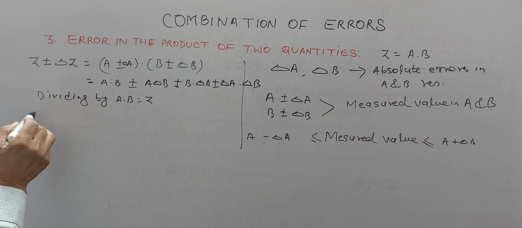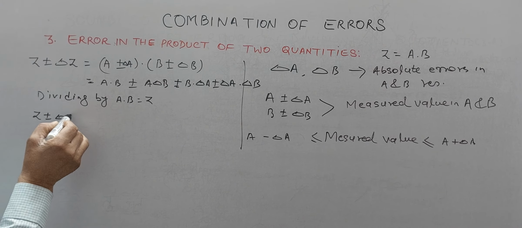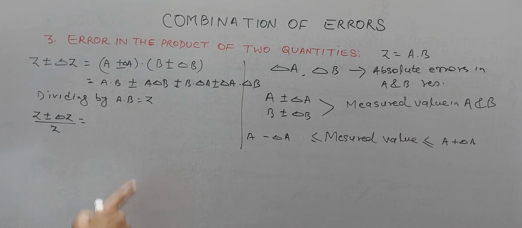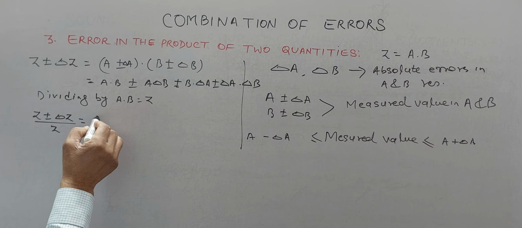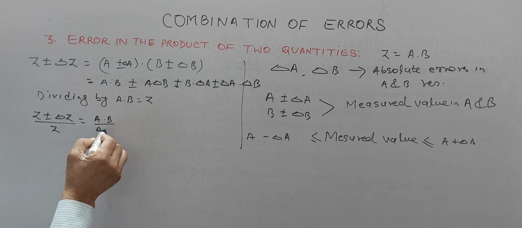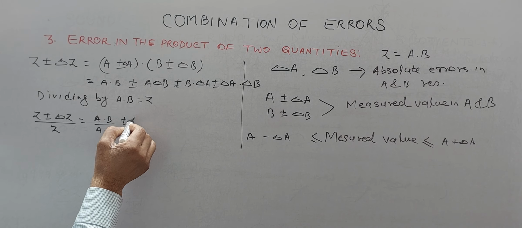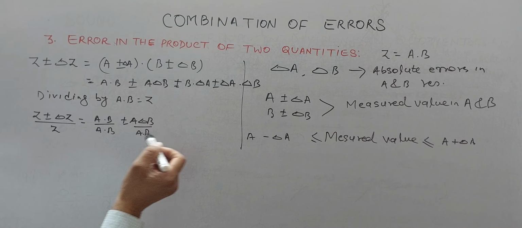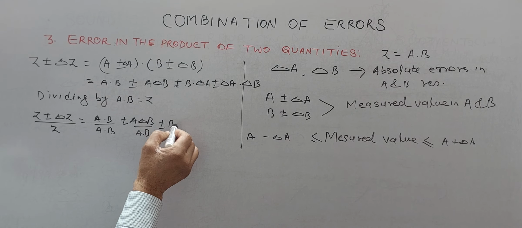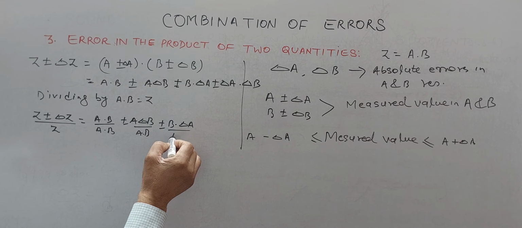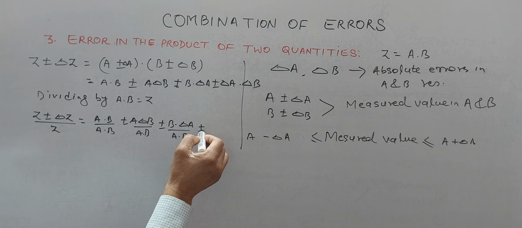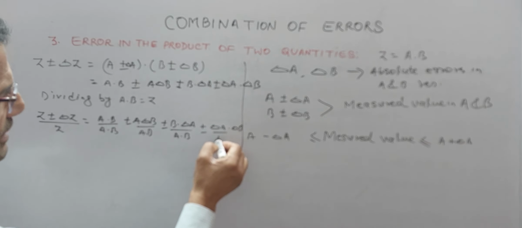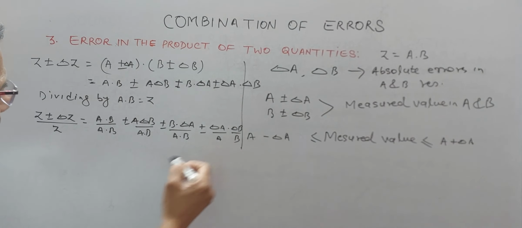So it becomes Z plus minus delta Z divided by Z is equal to AB divided by AB, plus minus A delta B divided by AB, plus minus B delta A divided by AB, and plus minus delta A delta B divided by AB.